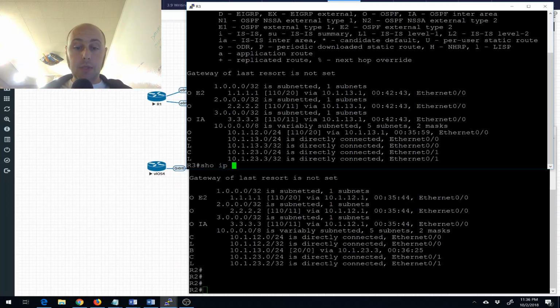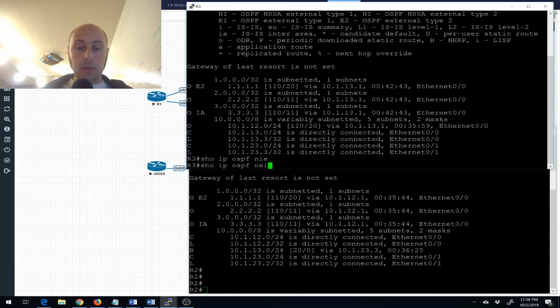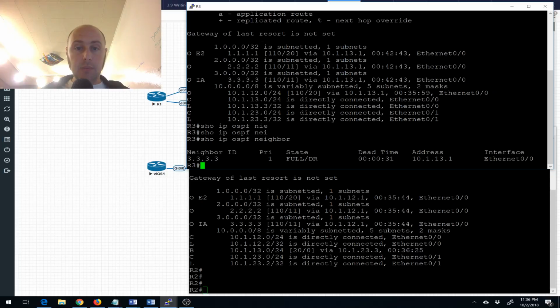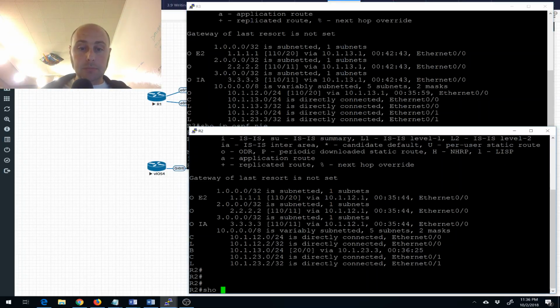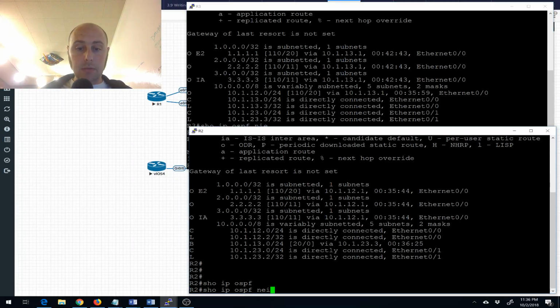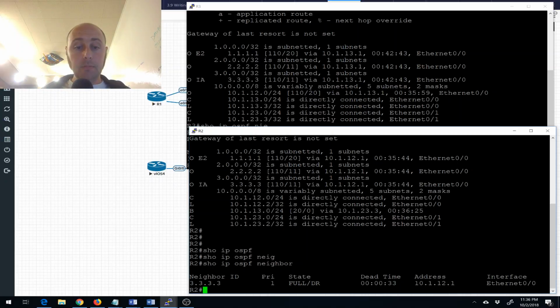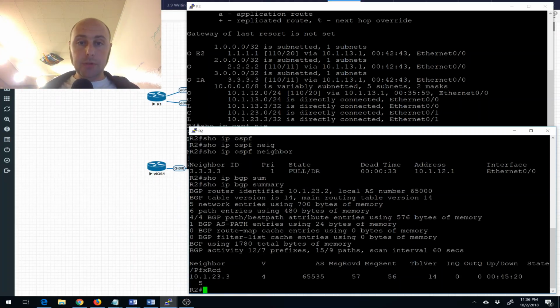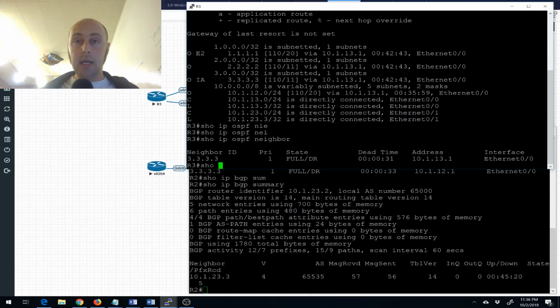If I do show ip ospf neighbor, you see we have the same upstream neighbor, which is router 1, and we are directly connected. Show ip bgp summary. We are directly connected and have a BGP adjacency already up.